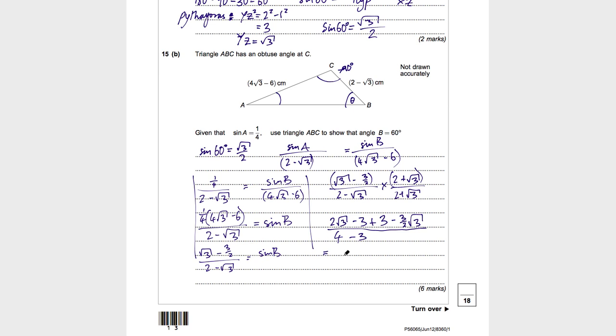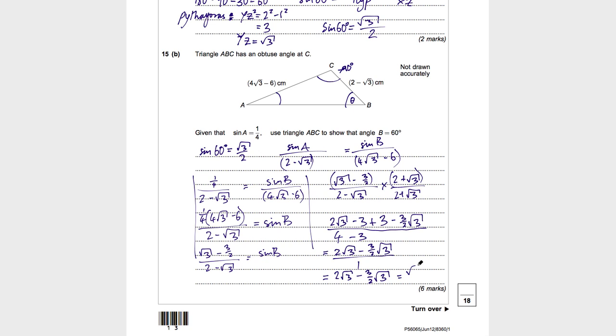So that equals minus 3 plus 3, they cancel out, 2√3 minus 1.5√3, 3/2 √3 over 1 equals 2√3 minus 1.5√3.